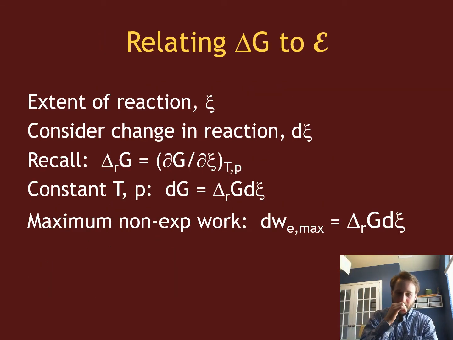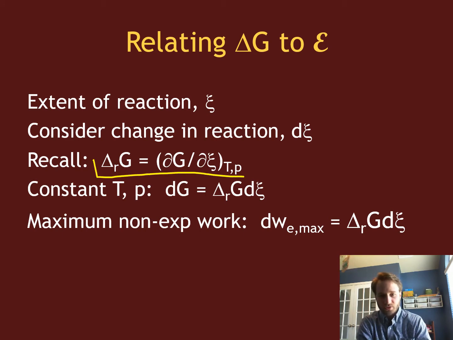And so, how will we get this relationship? Let's start with, again, the extent of our reaction and some change in the reaction, where that change in the chemical reaction is related to the change in free energy with respect to the change in the extent of that reaction. Under constant temperature and pressure conditions, you have this relationship: dG equals Δ_rG times dξ.